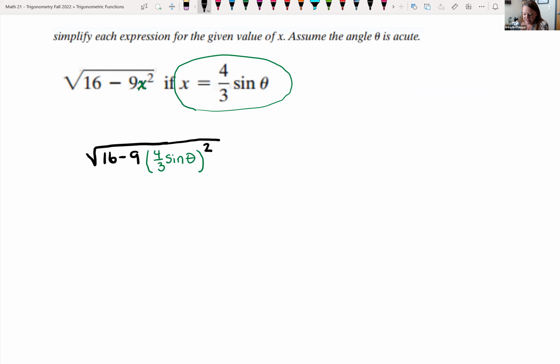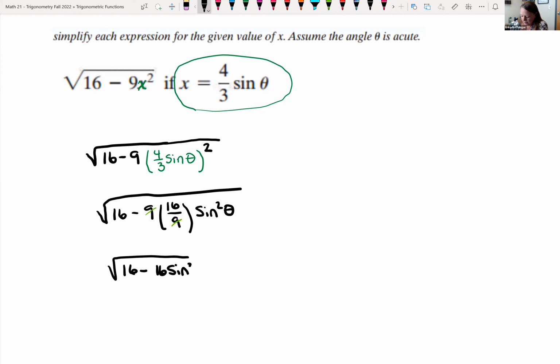So let's simplify this a little bit. So we have 16 minus 9, but if we square 4/3, we get 16 over 9 sine squared theta. Notice that our 9s cancel with one another. And so we're given here the square root of 16 minus 16 sine squared theta.